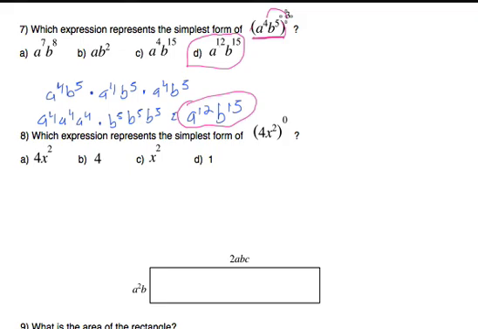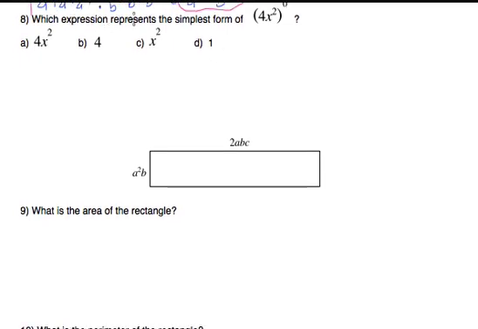And then if you distribute it to this term, b to the 5th to the 3rd is just b to the 5 times 3, which is b to the 15th, and you get the same result. I'm not saying you have to do all this. If you don't understand why it works, yes, do all of this. But after a while, you should understand why you are distributing the power outside of the parentheses.